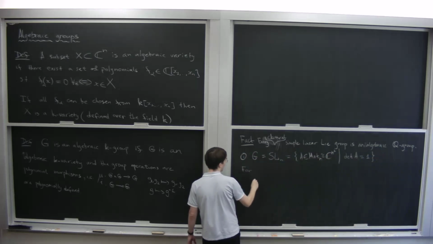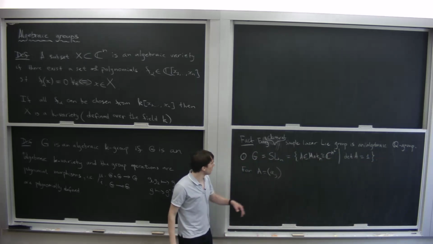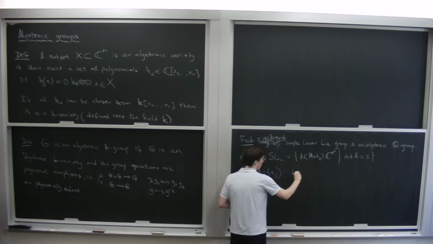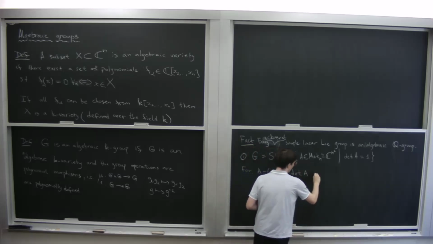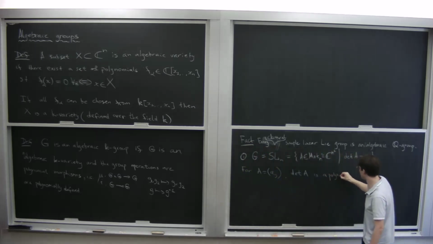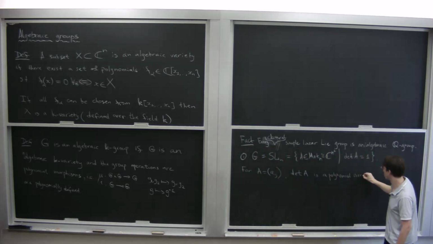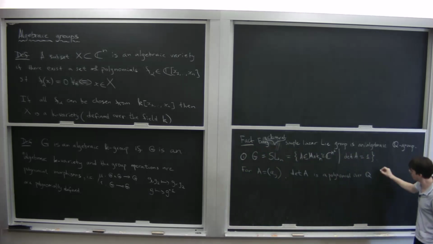So for A being a matrix (a_ij), the determinant of A is a polynomial, in fact over Q. Remember that if you write it down, it is, for instance, the product of diagonal elements plus, and so on, plus permutations of a_ij's under some certain rule.